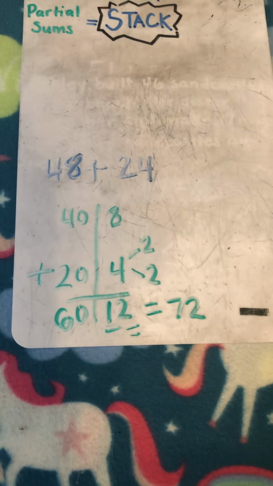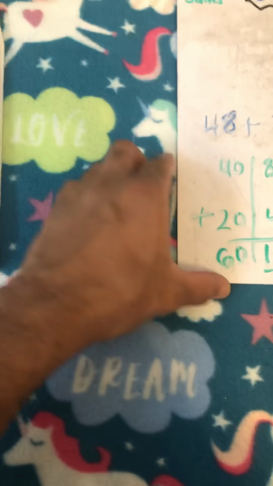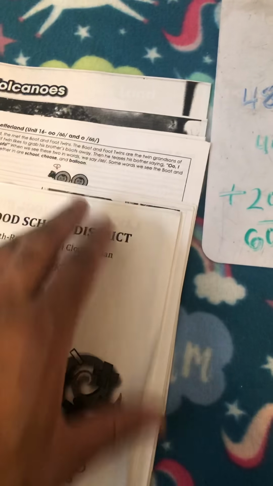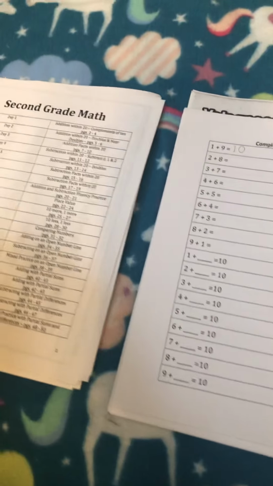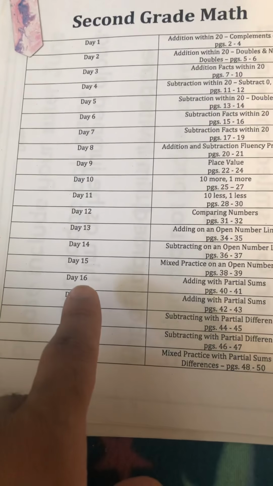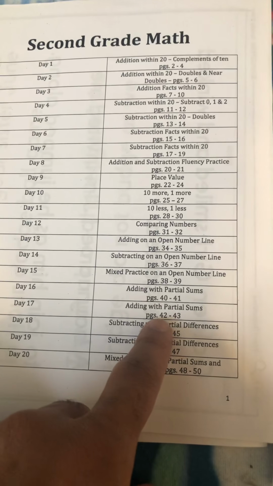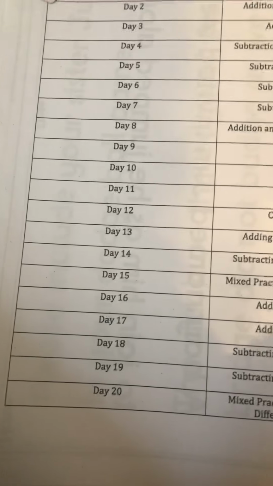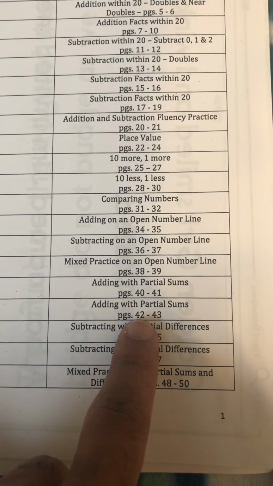Okay? Now you're going to be using this strategy today in your packet work. I'll open up to my math section, finding my sticky note. And for day 17, we're going to be adding with partial sums on pages 42 and 43. So again, day 17, we want to focus on pages 42 and 43.